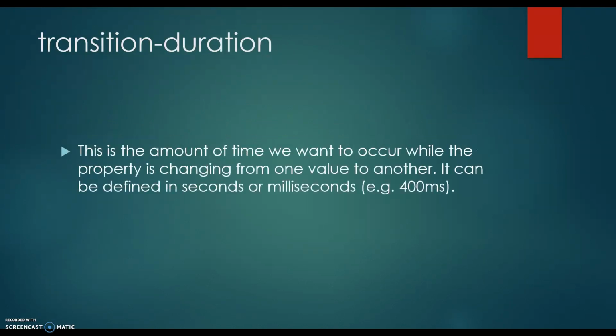The transition duration. This is the amount of time we want to occur while the property is changing from one value to another. It can be defined in seconds or it can be milliseconds. So this could be either instant if you don't have the transition duration time set, or you could have it take seconds to do.